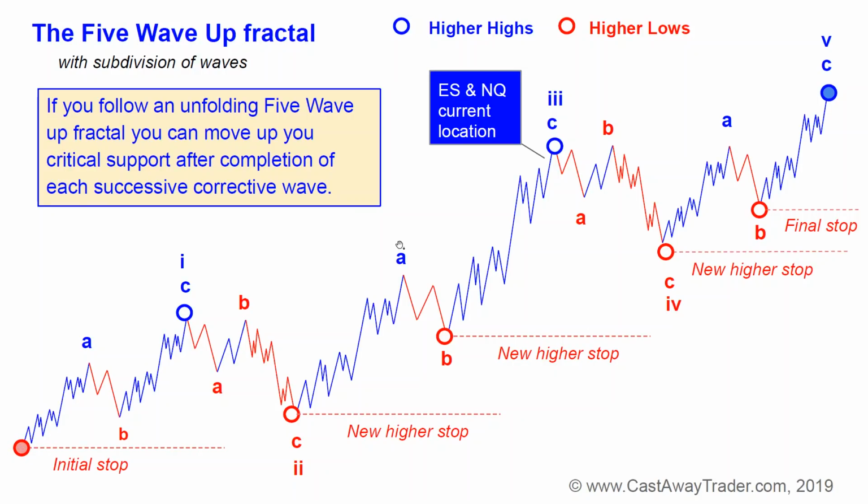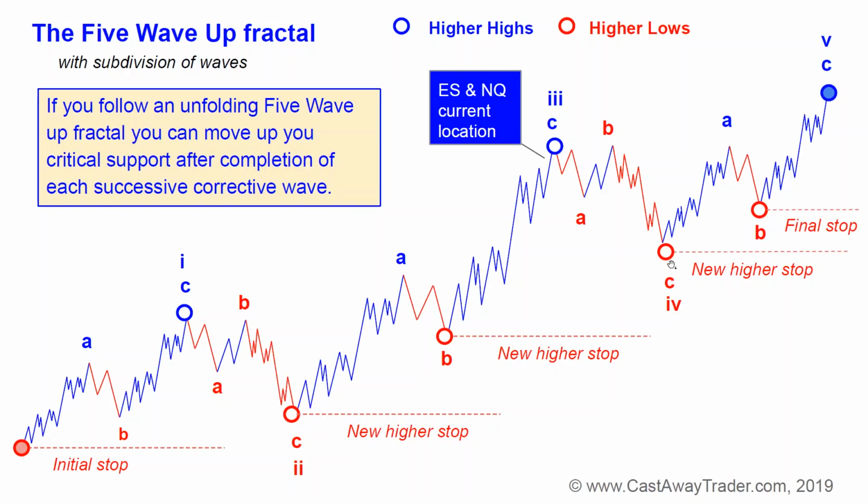Once price completes the following corrective wave in a subwave B down of wave 3 up, we start to use that low as our new higher critical stop for the whole fractal. And when wave 4 gets completed, that should complete making a new higher low over the previous low.